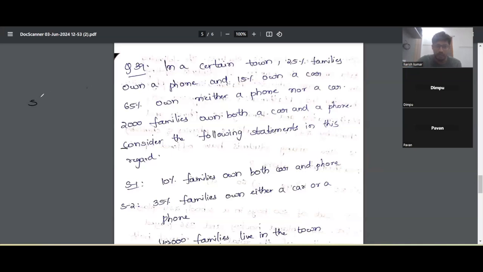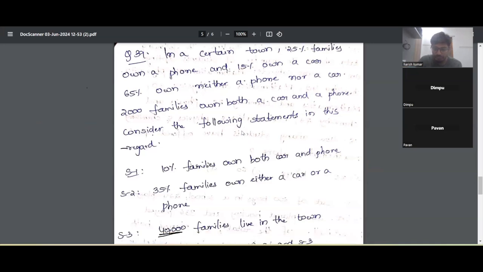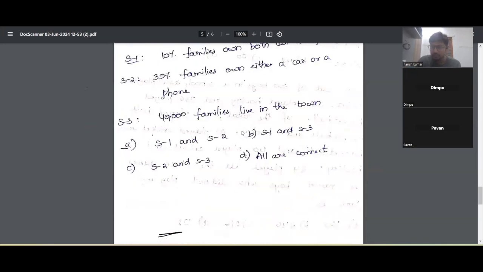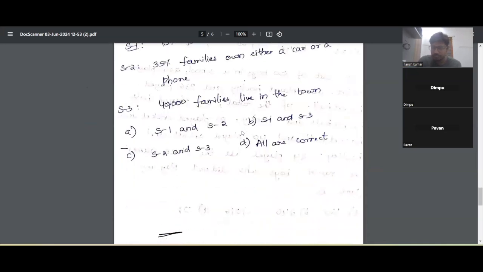We got 5%, so 5% is equivalent to 2,000 families. Now what is 100% equivalent to? I have to multiply by 20, so that will be 40,000. So 40,000 families live in the town, because that is 100%. So statement 2 and statement 3 are correct. Statement 1 is wrong. Understood? Yes, sir.